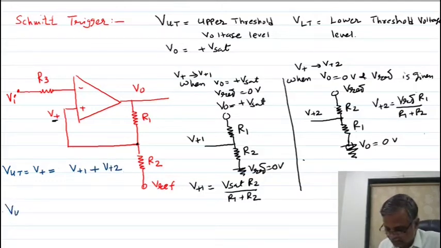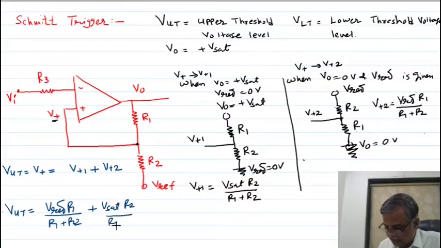So I can write upper threshold voltage is V reference into R1 upon R1 plus R2 plus Vsat R2 upon R1 plus R2. This is your V plus 2 and this is your V plus 1. This is upper threshold voltage.